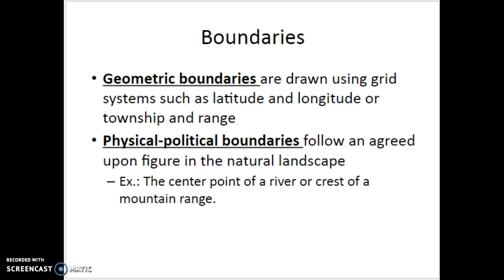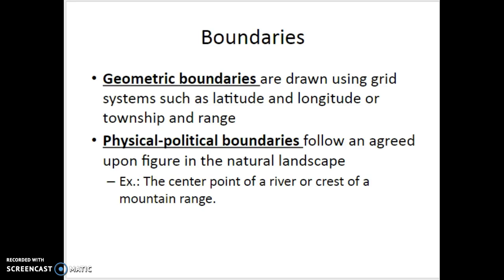The latitude-longitude features, the straight lines, are easy to spot because they're usually the only straight lines on the map. Many of the state boundaries in the western United States, for example, such as Colorado or Wyoming or Utah, are actually geometric boundaries.